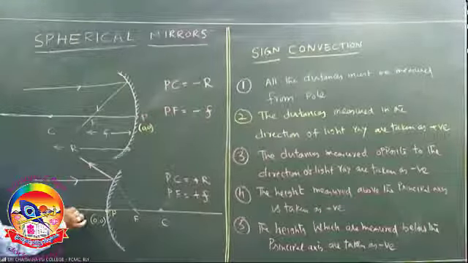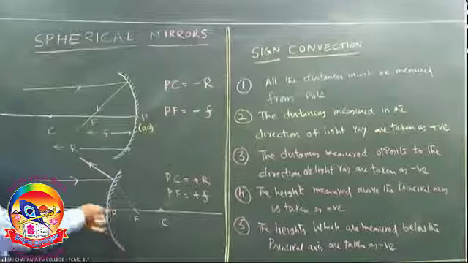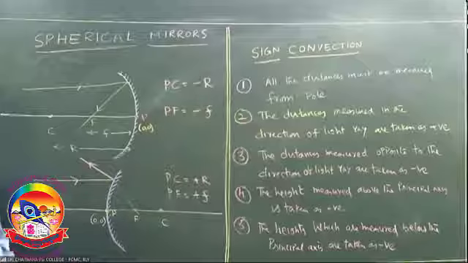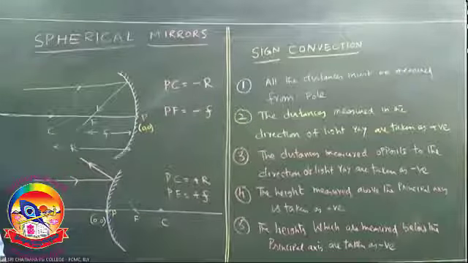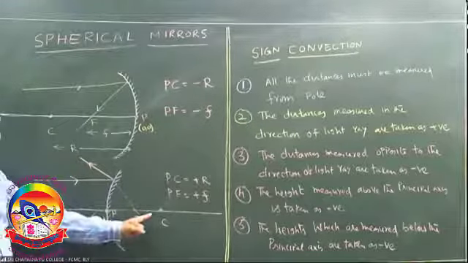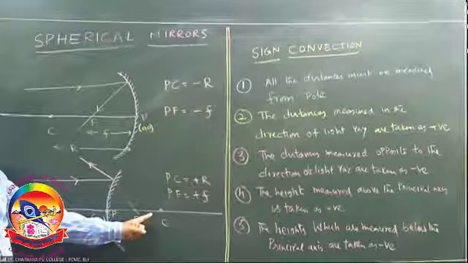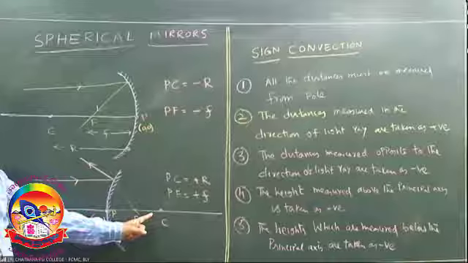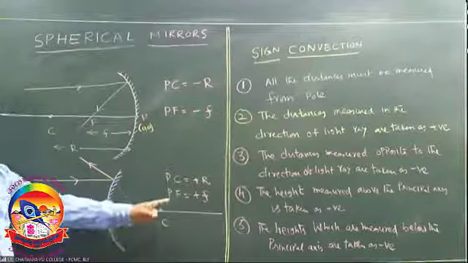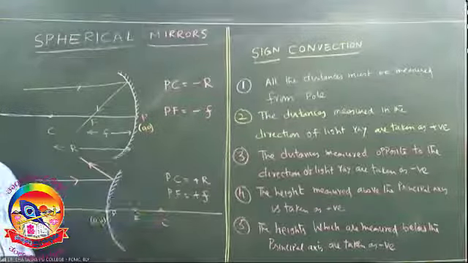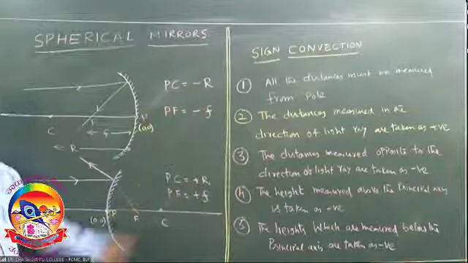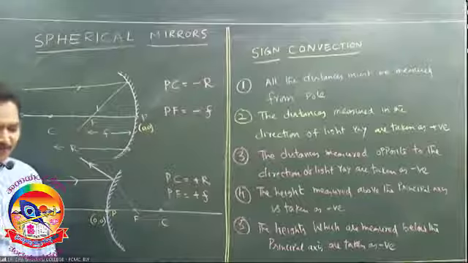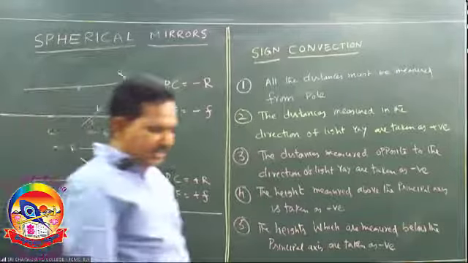If I keep the object here, then P to object is opposite to the direction of light ray, so object distance is taken as negative. If I keep the object here, then in the direction of light ray, the distances are taken as positive, so object distance is taken as positive. When we learn the next topic, image formation, we will get still more clarity about the object distance and the image distance.